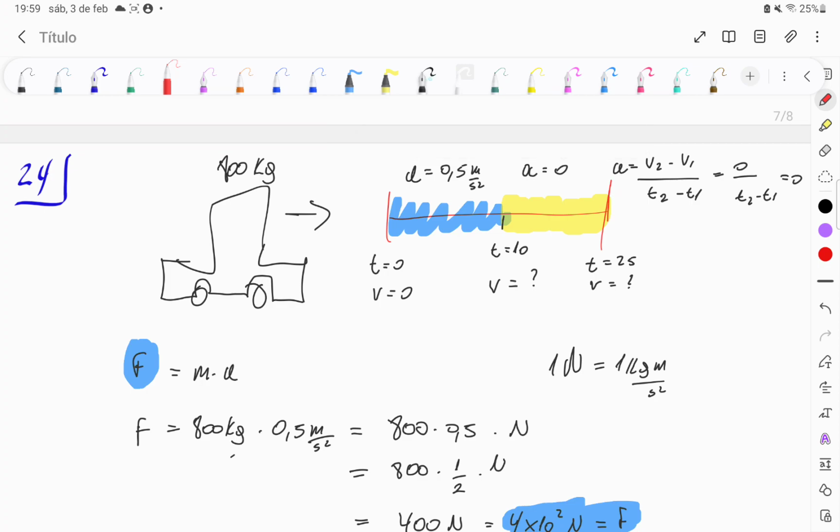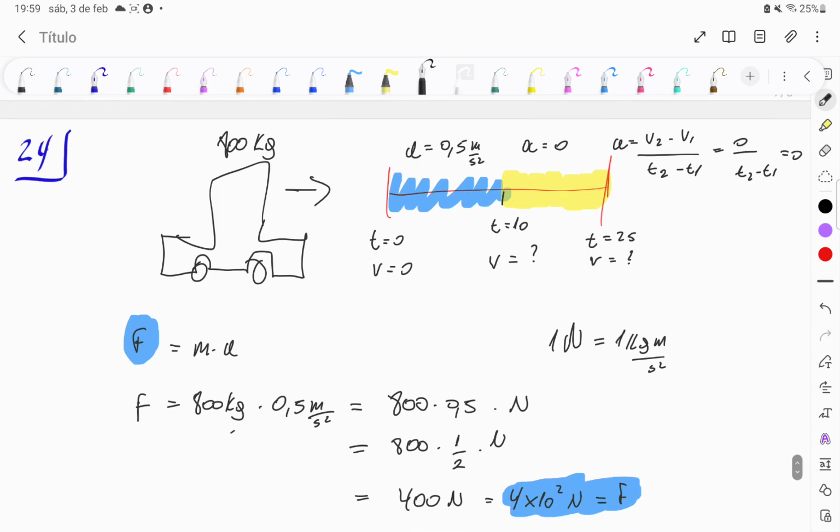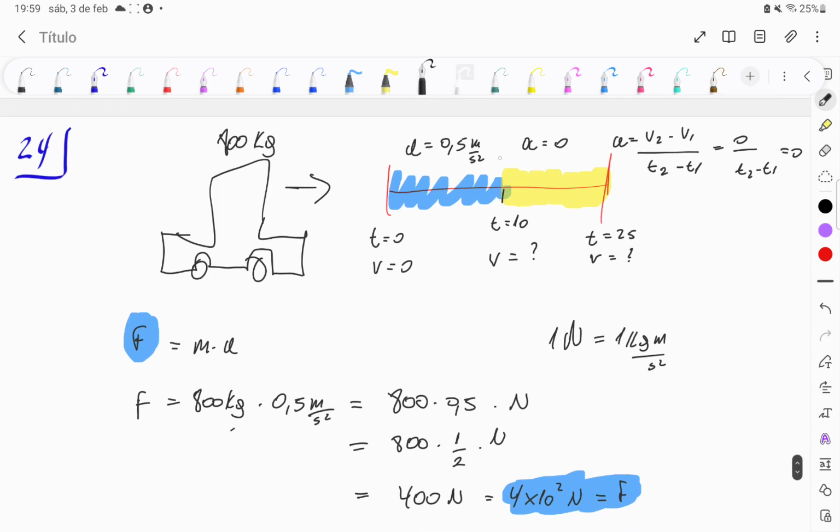But they are asking how much is the velocity at the end. We know that the velocity from here to here doesn't change because acceleration is 0. So it's enough to know the velocity at this point to know it at all this part, because it doesn't change.